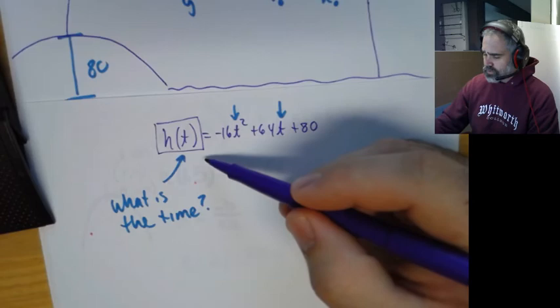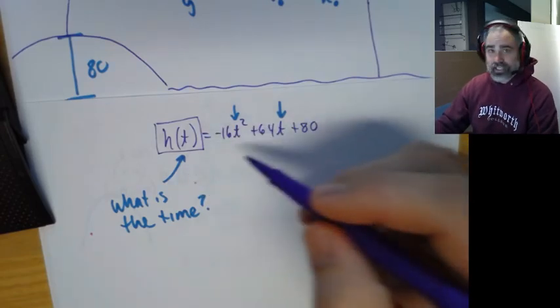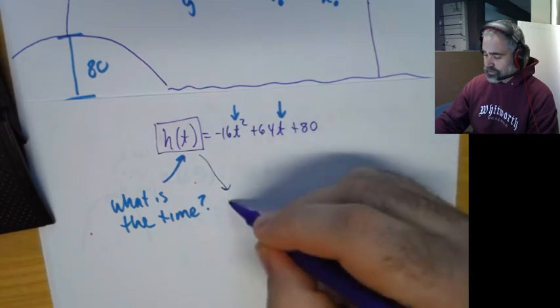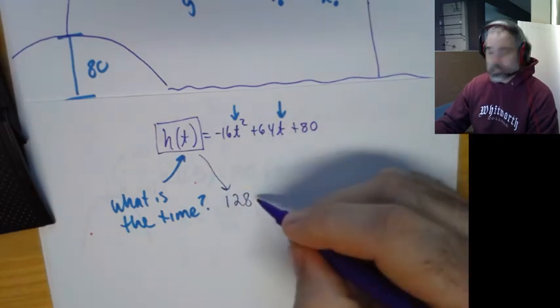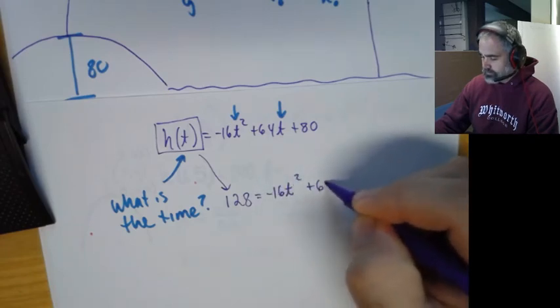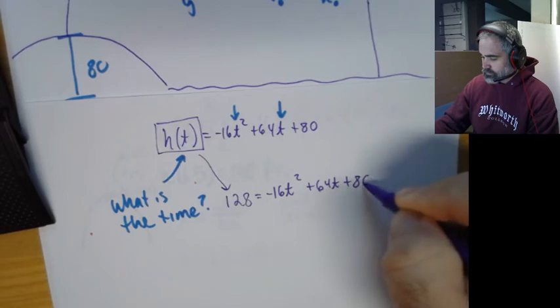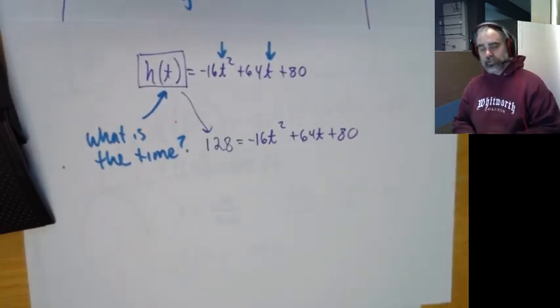So h of t, I'm just going to replace h of t with the height, because that's what they gave me. They told me this is 128. So I'm just replacing h of t with 128, and then I have to solve for t. This looks a little bit more familiar, but it's still a little bit unusual.